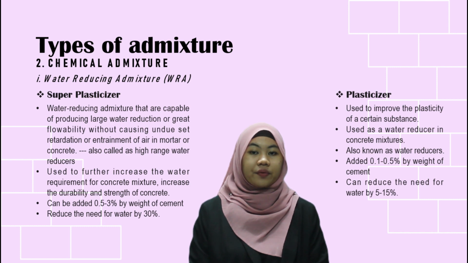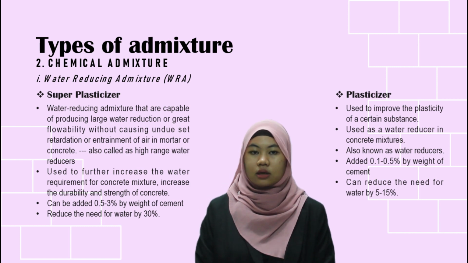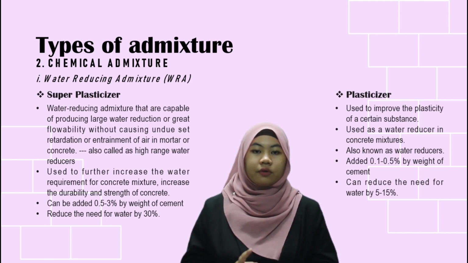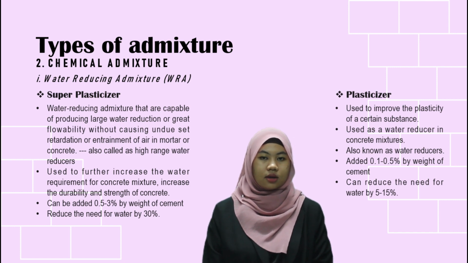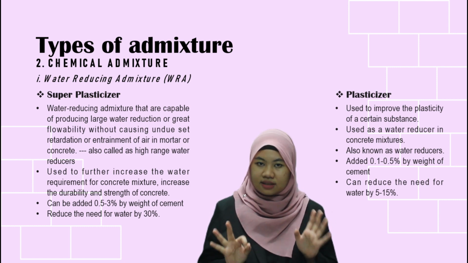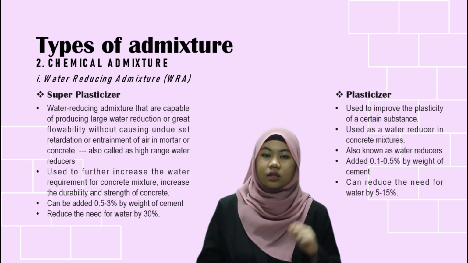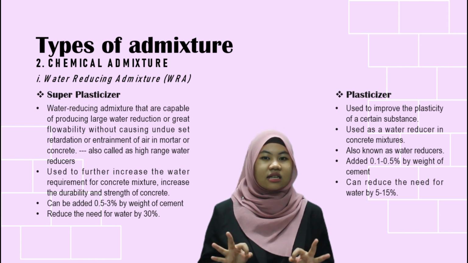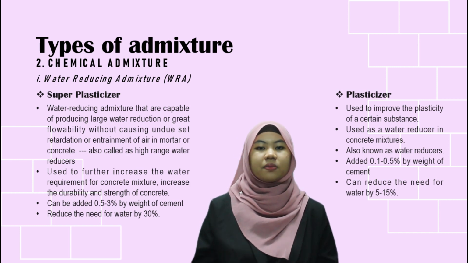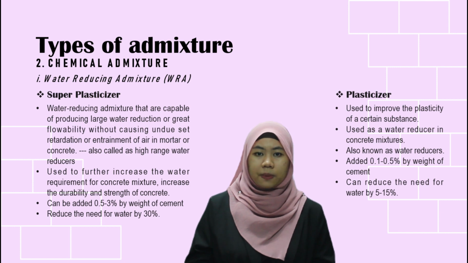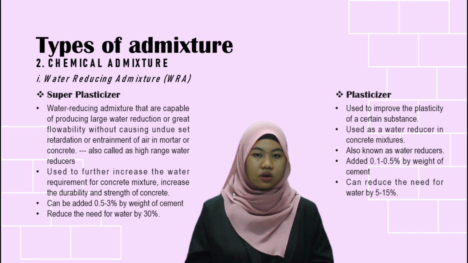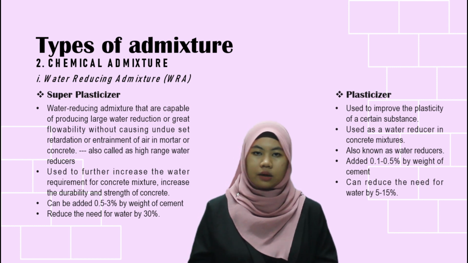Unlike plasticizers, super plasticizers can be added at 0.5 to 3% by weight of cement and can reduce the need for water by 30%. Super plasticizers are usually used in thin section placement, in areas of closely spaced and congested reinforced concrete steel, and where conventional consolidation methods are impractical or cannot be used.